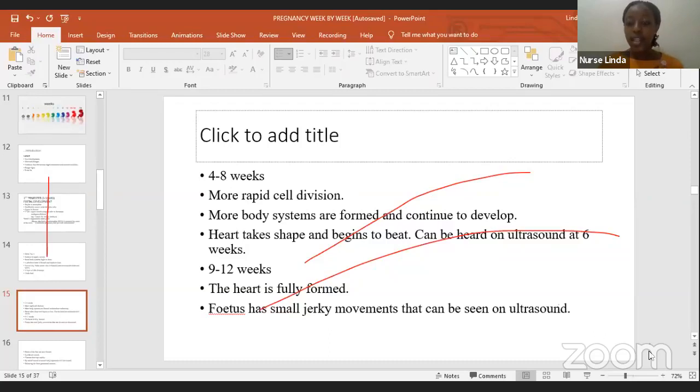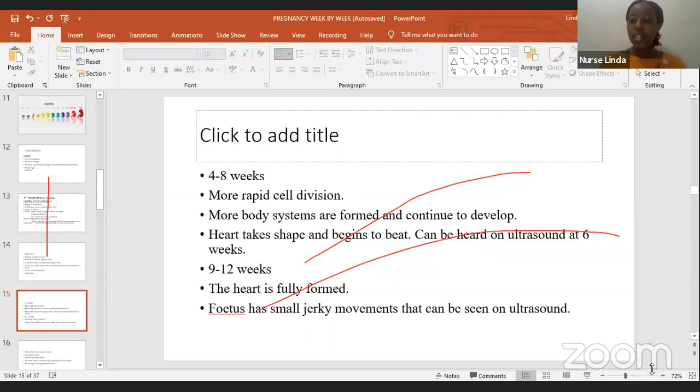We have said the heart also starts forming and it begins to beat. And on ultrasound at this gestation of the pregnancy, the heart can be heard. And at 9 to 12 weeks of pregnancy, the heart is completely formed. The fetus can make small movements that can be seen on an ultrasound.